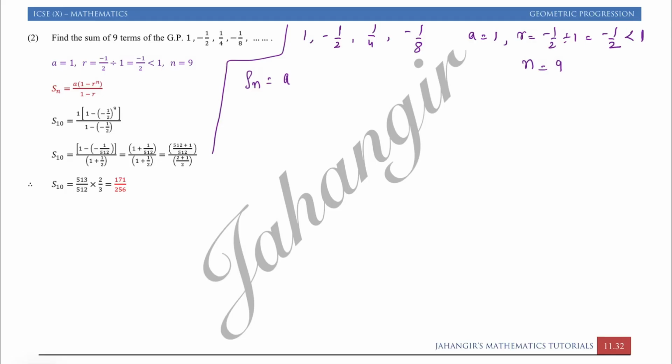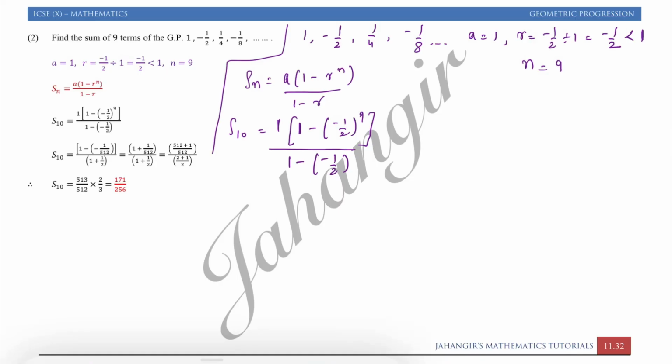Sn is equal to a into 1 minus r raised to n upon 1 minus r. So for S9 we will write 1 into 1 minus r, which is minus half, just substitute in bracket, all raised to 9 upon 1 minus of minus half.